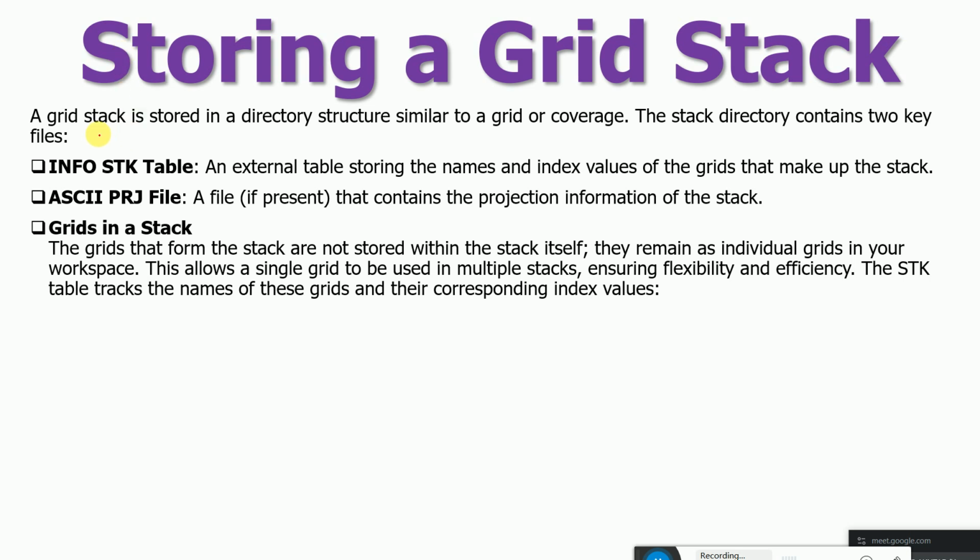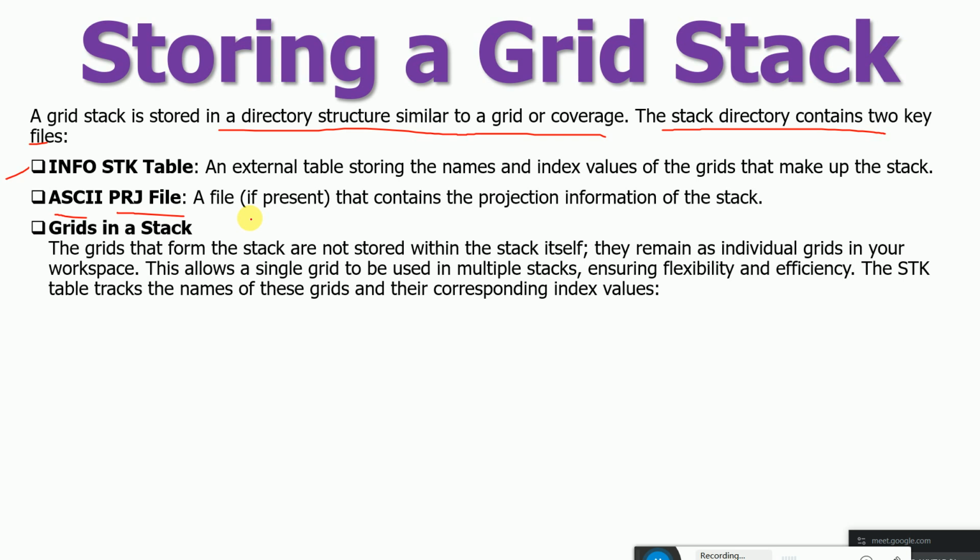So the grid stack is stored in a directory structure similar to a grid coverage. The stack directory contains two key files. The first is the info STK table, an external table storing the names and index values of the grids that make up the stack. The second is the ASCII PRG file, which, if present, contains the position information in the stack.